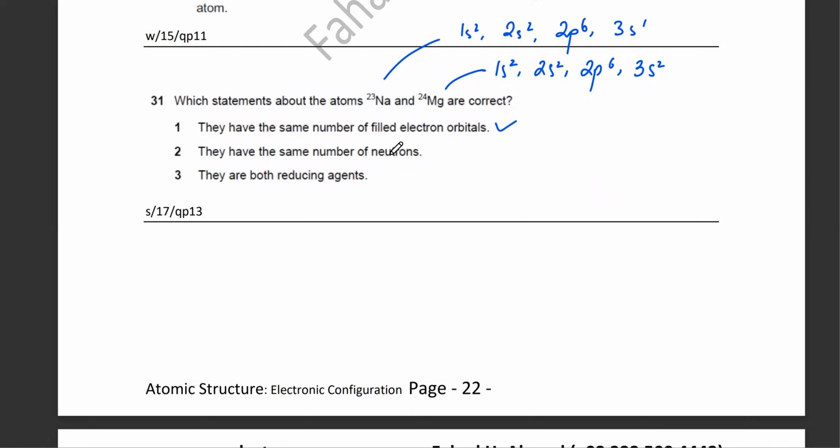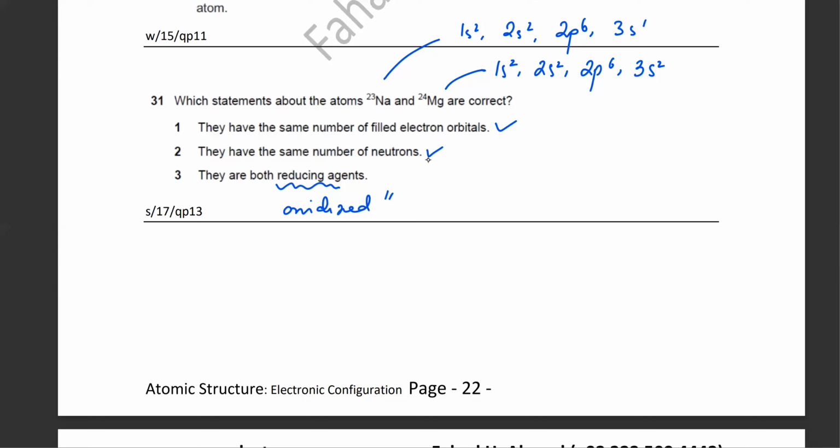Then they have the same number of neutrons, which is also correct. Both of them, it's 11 and 23, and this is 12 and 24. So the number of neutrons is the same, the difference is the same. That is also correct. They're both reducing agents, which means they get oxidized, although this is not to do with electronic configuration.